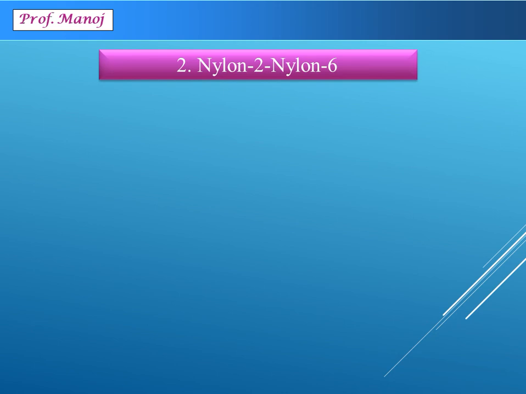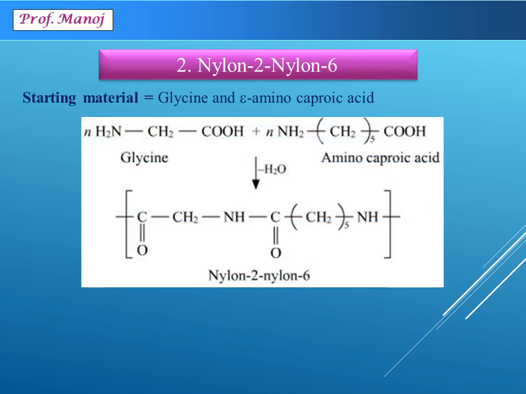The second type is known as nylon 2 nylon 6. Once again the word nylon has come because it is going to be a polyamide polymer. It is made from glycine and epsilon aminocaproic acid. You can see the structures. Glycine is NH2CH2COOH. Epsilon aminocaproic acid contains totally 6 carbon atoms.